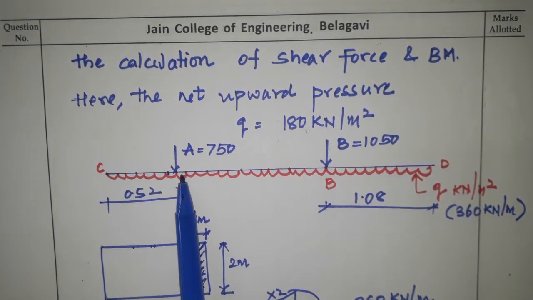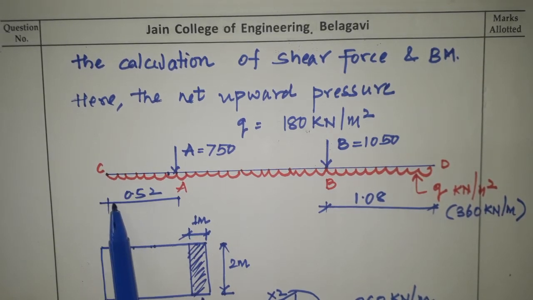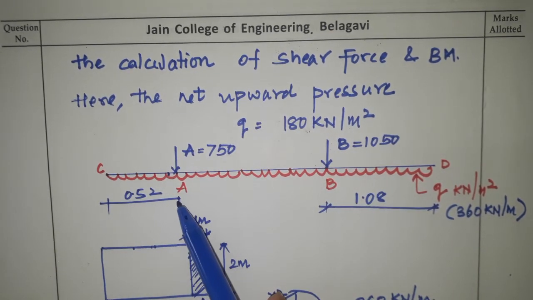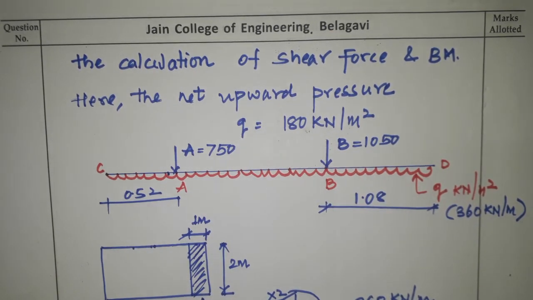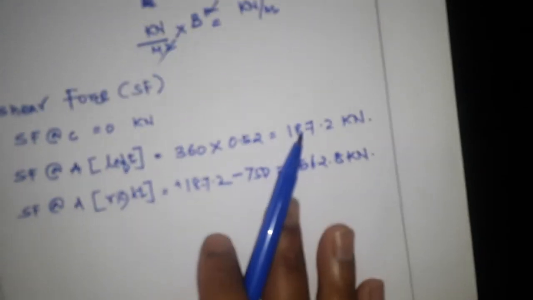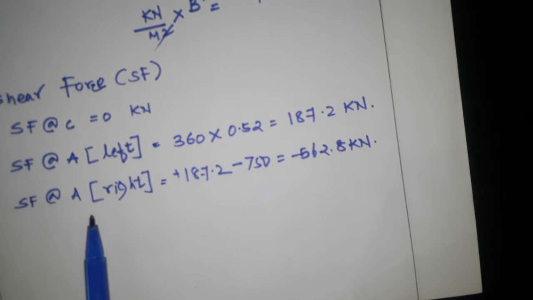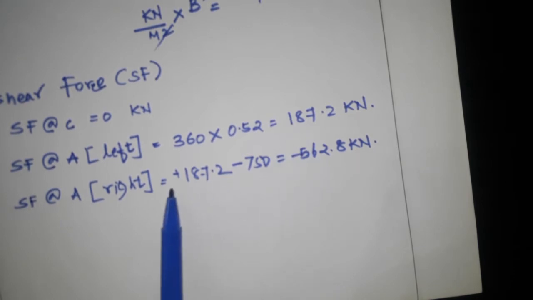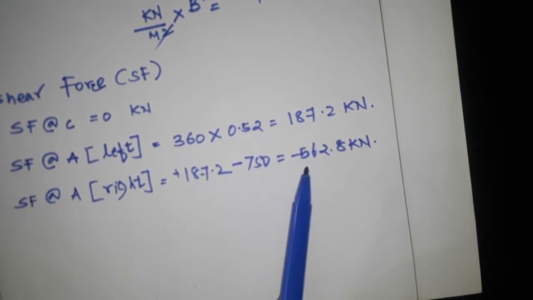When you go right of A, it is again 360 into 0.52 minus 750. This is upward, this is downward. So at A left we got 187.2, at A right we got minus 562.8 kilonewton.